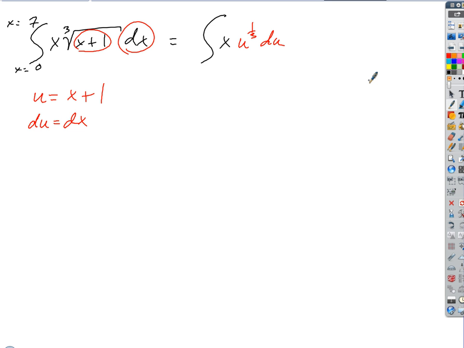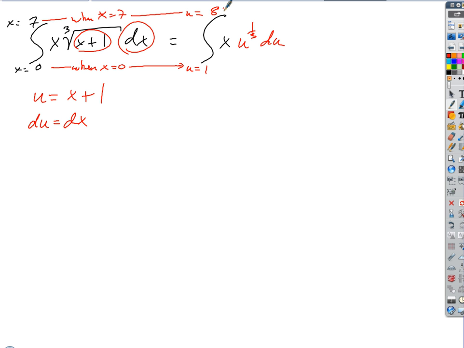This is a definite integral, so our answer is just a number, an area. When x is 0, u is 1. When x is 7, u is 8.